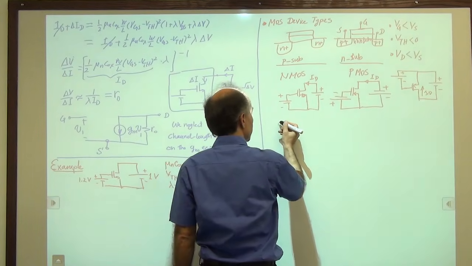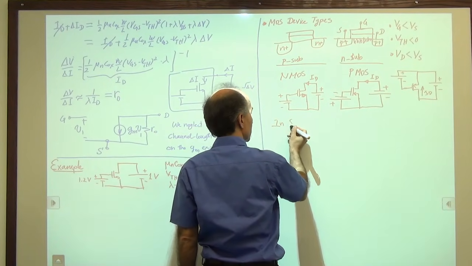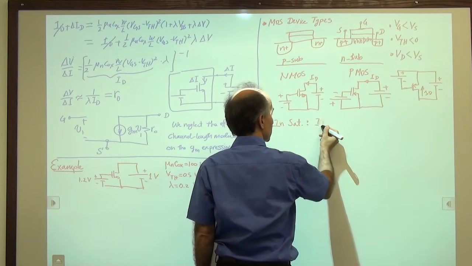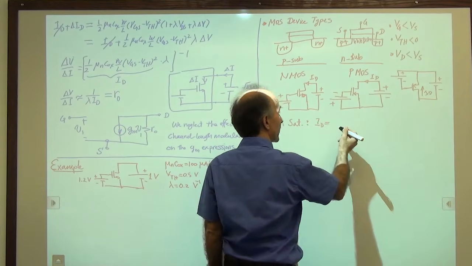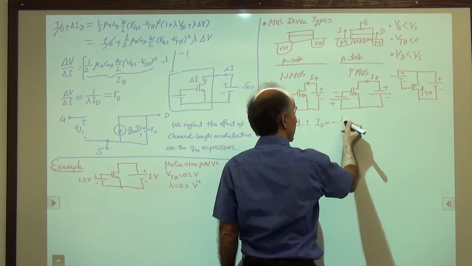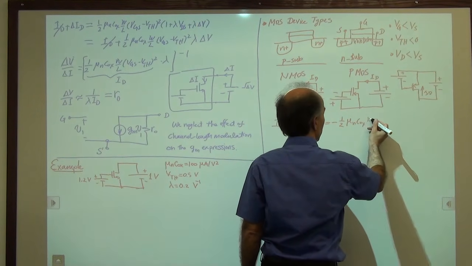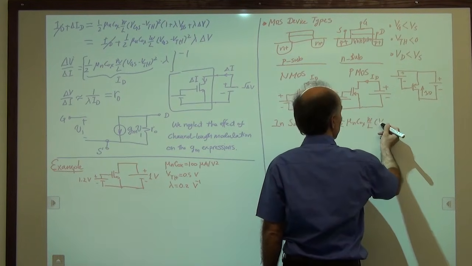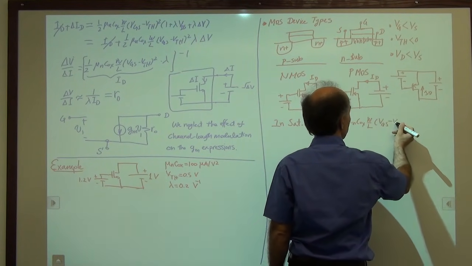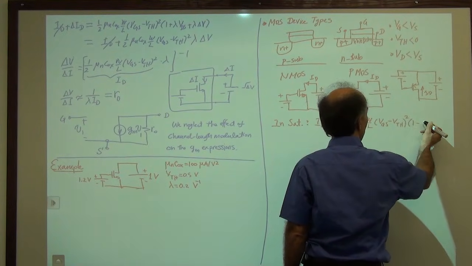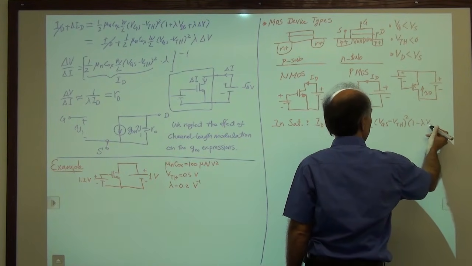All right, so what we write in saturation is ID is equal to minus 1/2 of mu n Cox W over L (VGS minus VTH) squared times (1 minus lambda VDS).